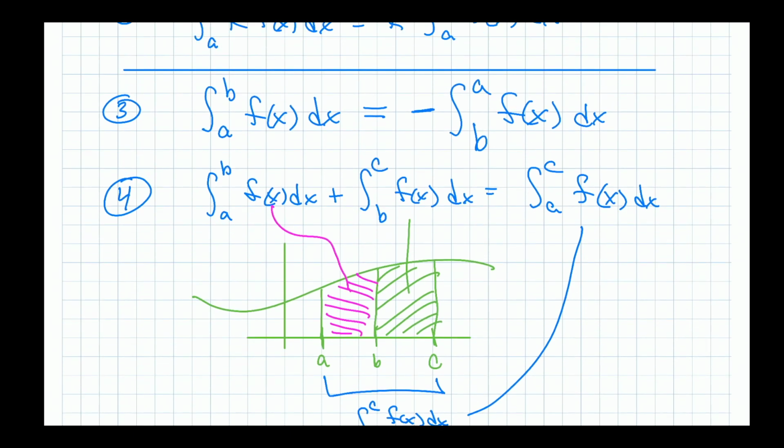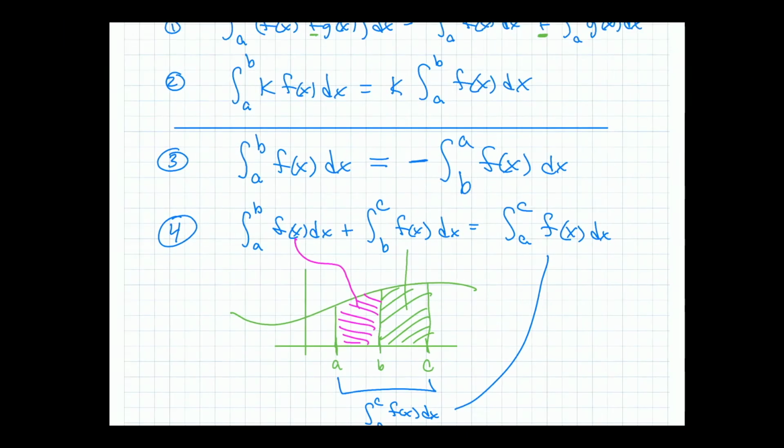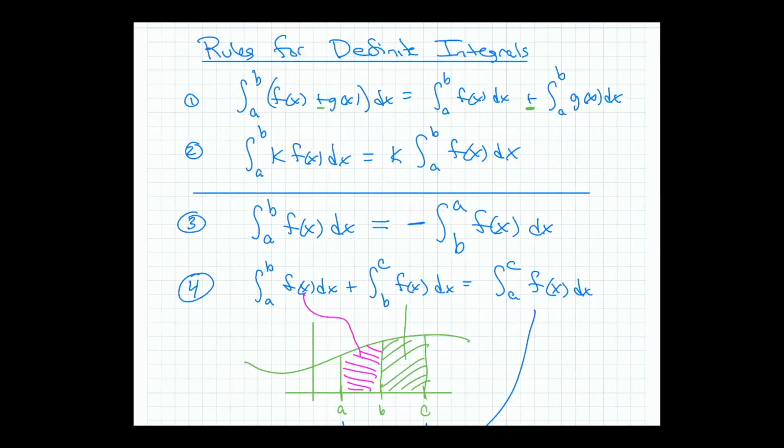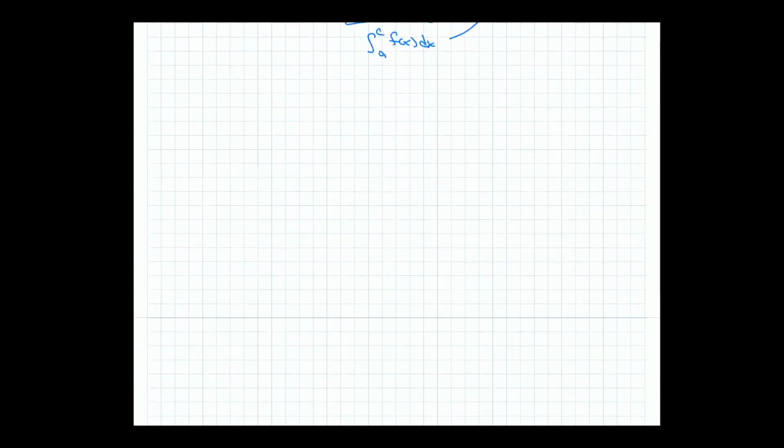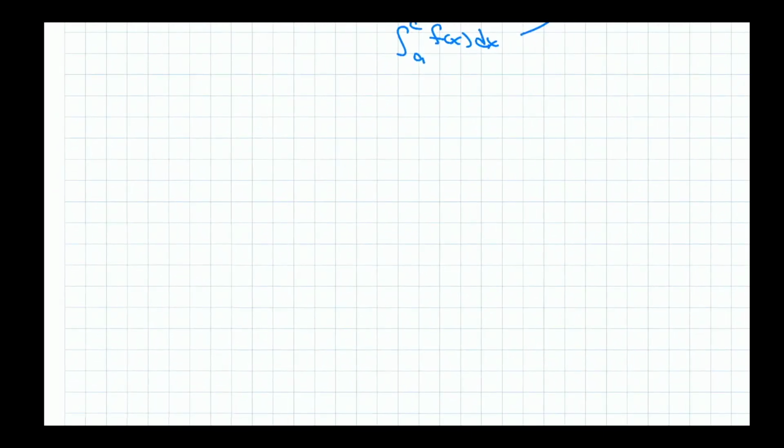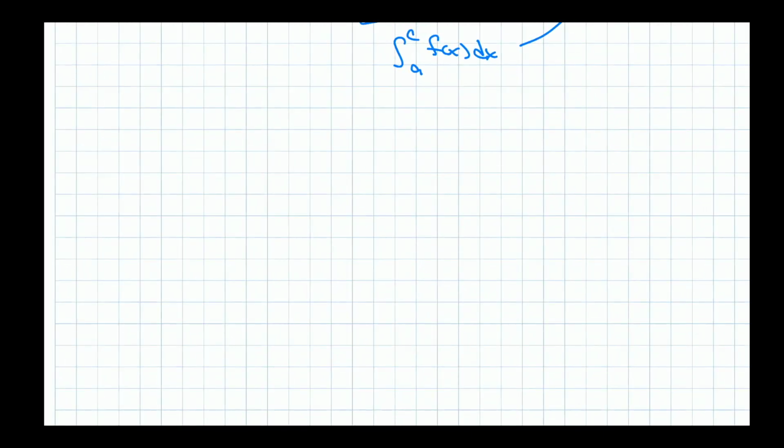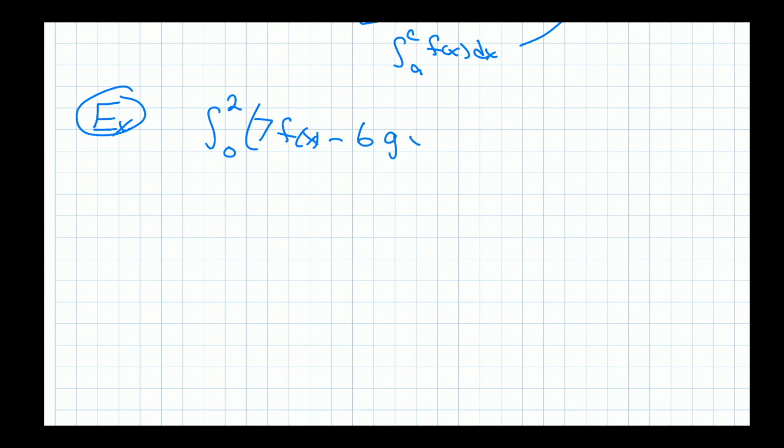Okay? Now, you have a couple of questions where you have to use these rules. All right? And they're very easy, I think. They might be confusing at first, but I think they're easy. And they go like this. So like example, they say the integral from 0 to 2 of 7f of x minus 6g of x dx.